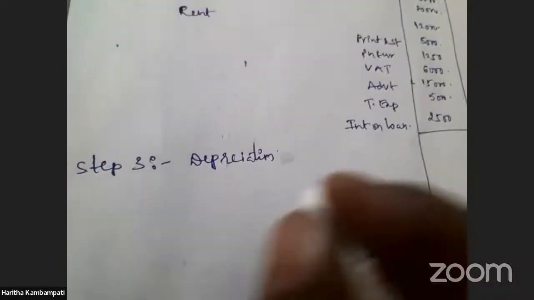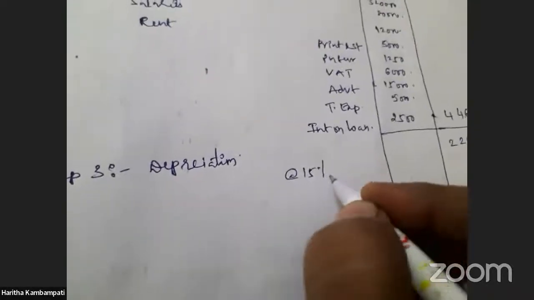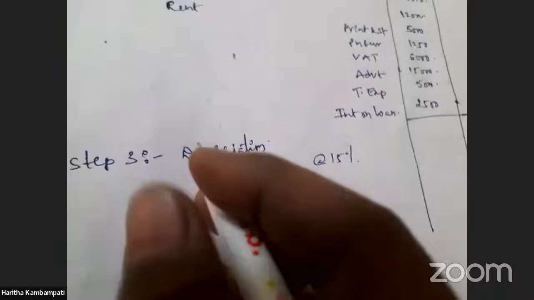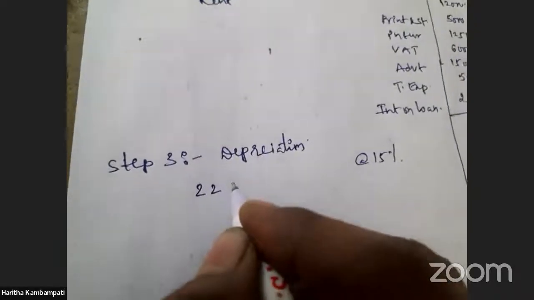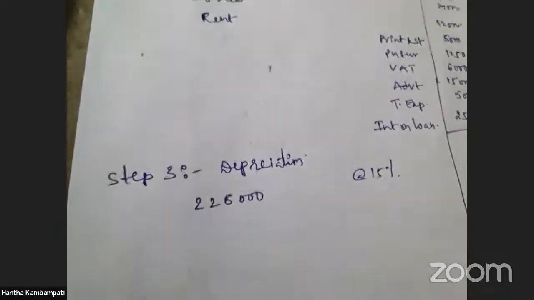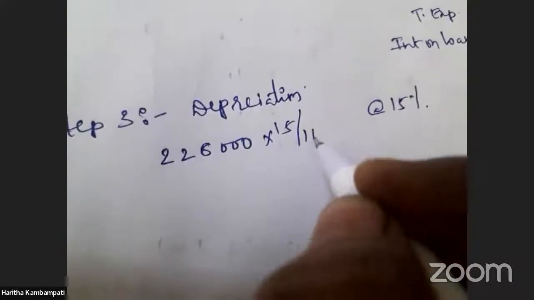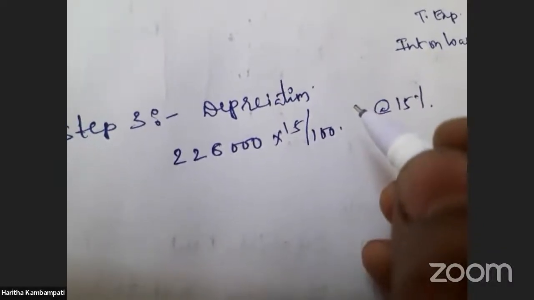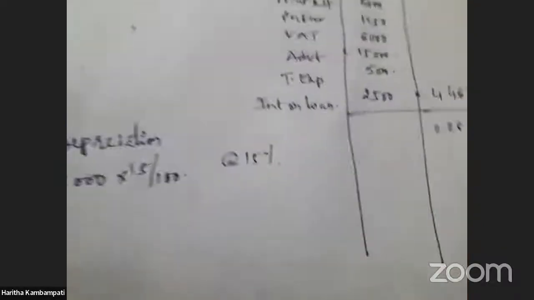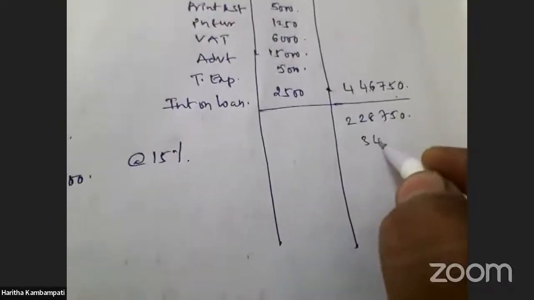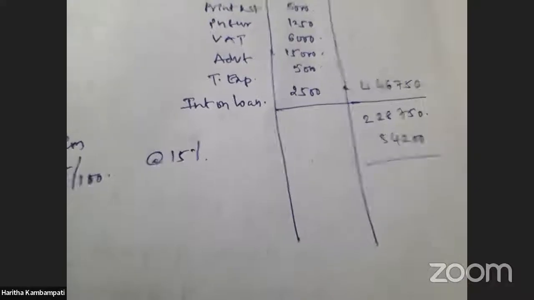Usually, depreciation allowed on machinery is at the rate of 15%. So let us calculate this. The machinery costing 2,28,000, upon this, 15% you need to calculate. So you will get 34,200.